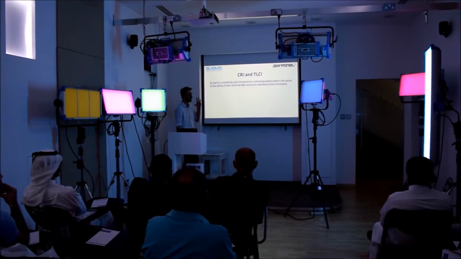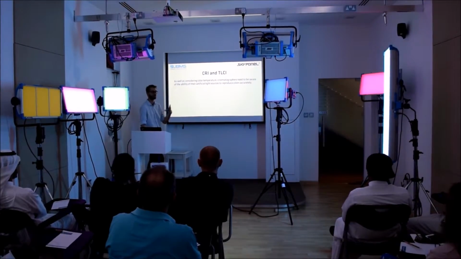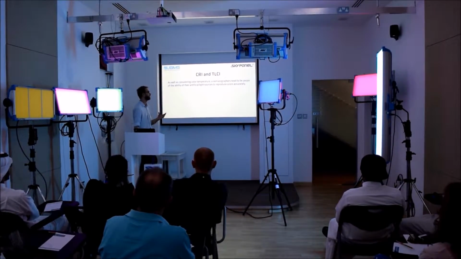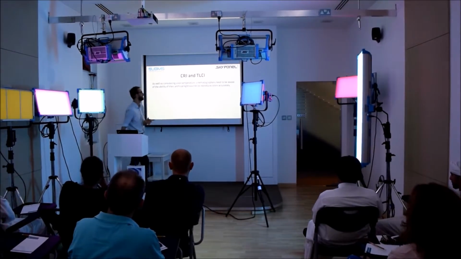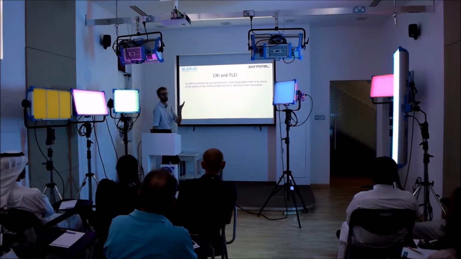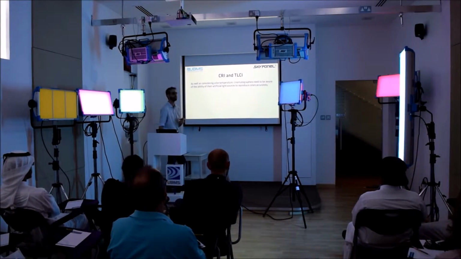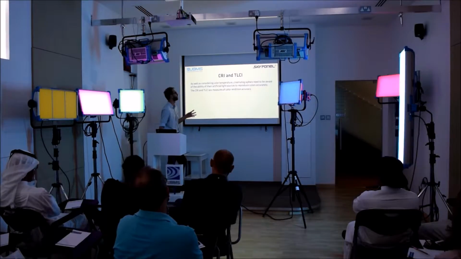When we're looking at daylight, when we're looking at the sun, or when we're looking at a tungsten light source, for instance, we have what we consider pretty much perfect color accuracy. But when we look at some other artificial light sources, like LEDs or fluorescence or whatever, sometimes there can be some issues. So the CRI and TLCI are all measures of color rendition accuracy.